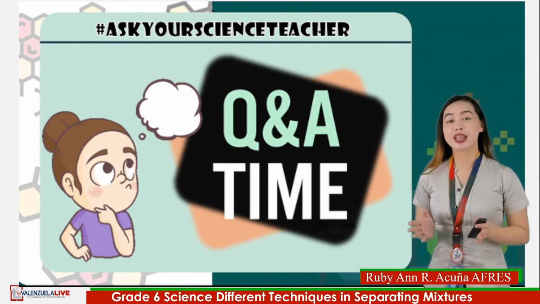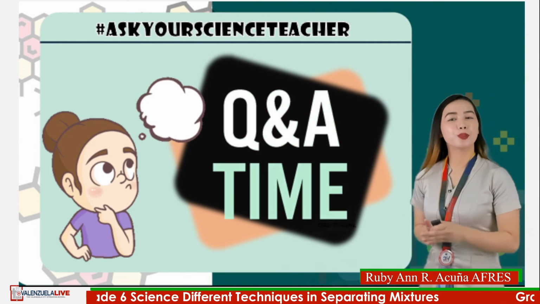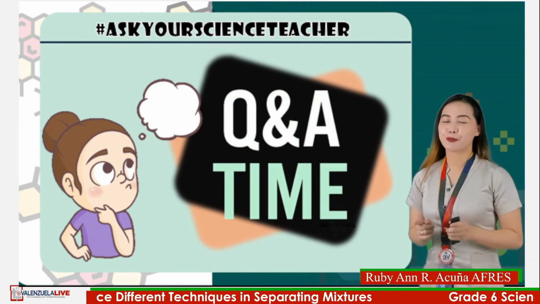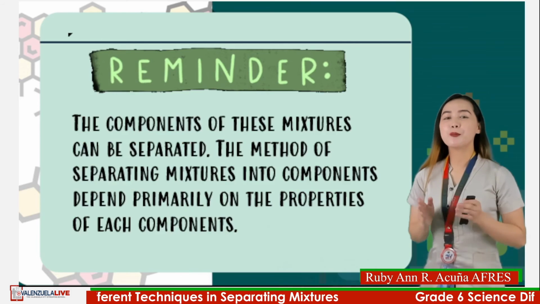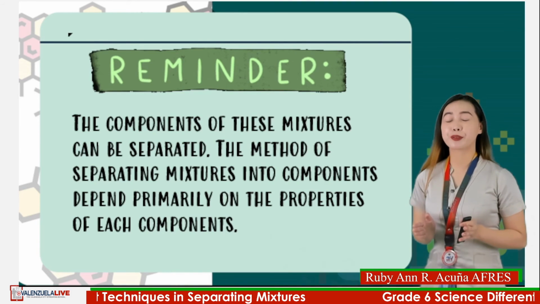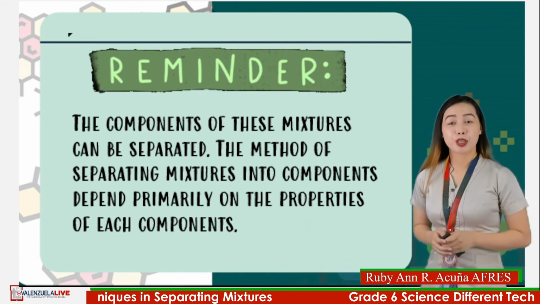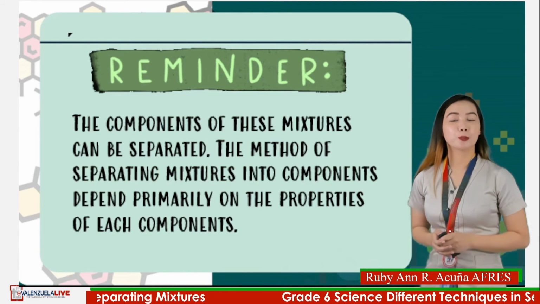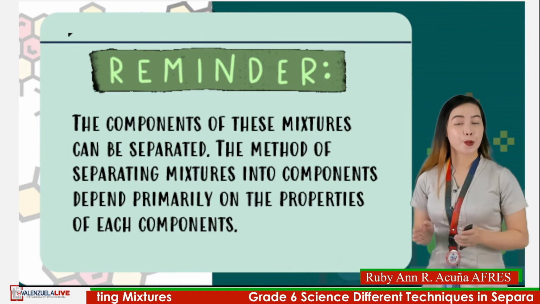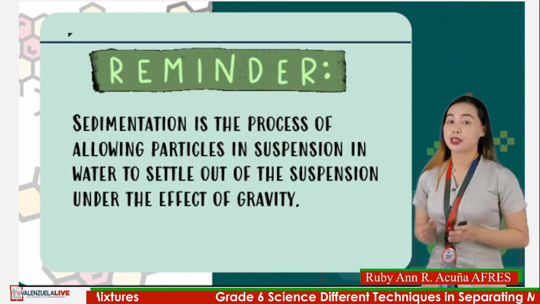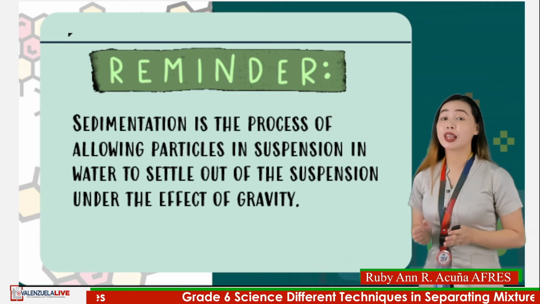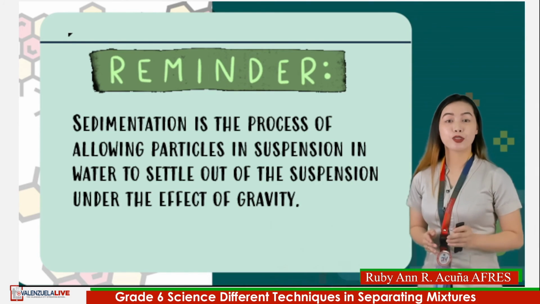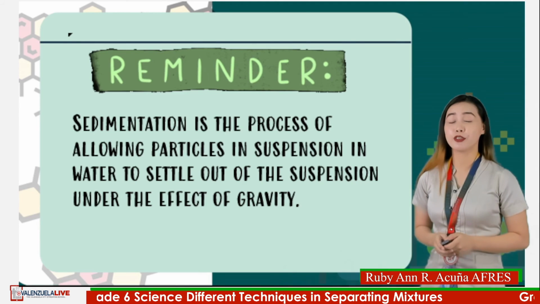But before we end our discussion, let us sum up the important points in our lesson and remember the following. The components of these mixtures can be separated. The method of separating mixtures into components depends primarily on the properties of each component. Sedimentation is the process of allowing particles in suspension in water to settle out of the suspension under the effect of gravity.